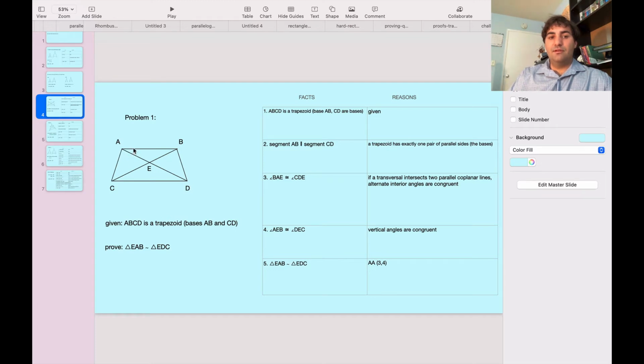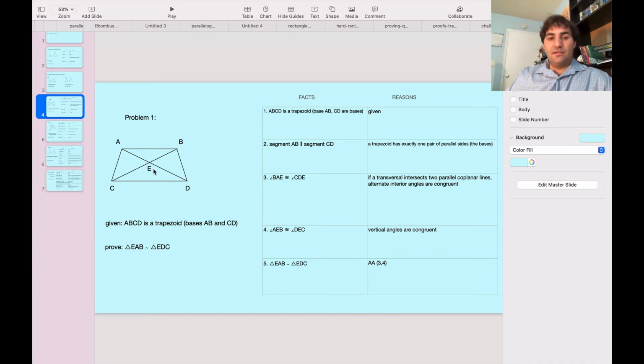So we have this angle here, BAE, and then we have this angle here, CDE. They're both in the interior region, bounded by segments AB and CD, and they're on opposite sides of the transversal.